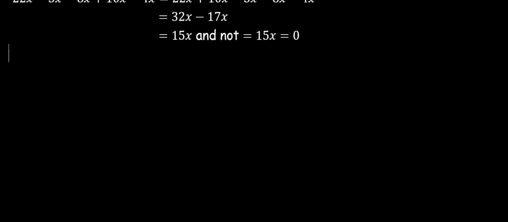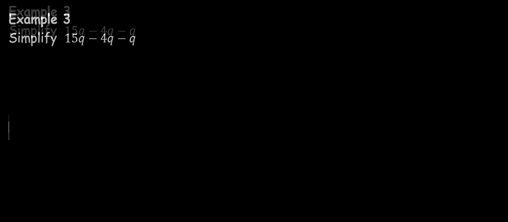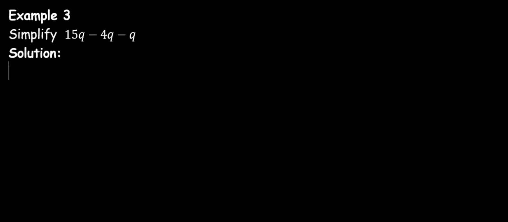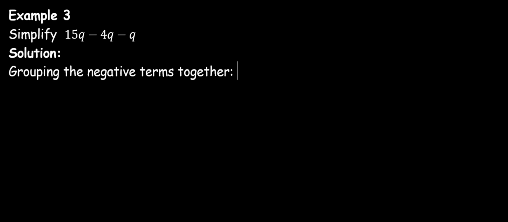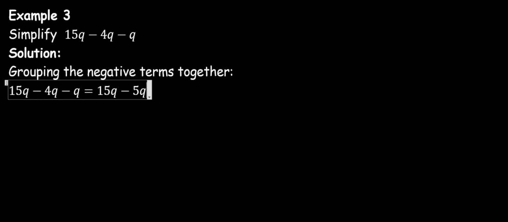Example 3. Simplify 15q minus 4q minus q. Solution. Grouping negative terms together, 15q minus 4q minus q will be equals to 15q minus 5q, and that will be equals to 10q. Another example.